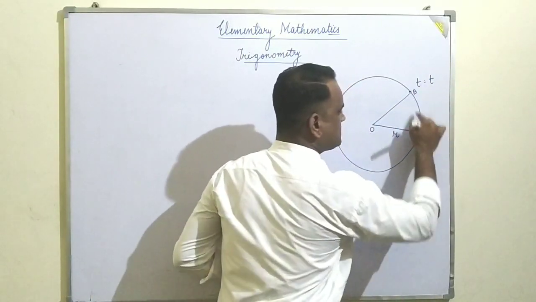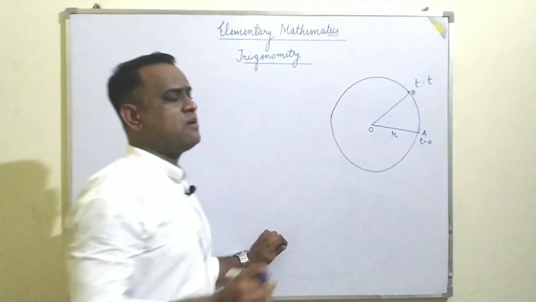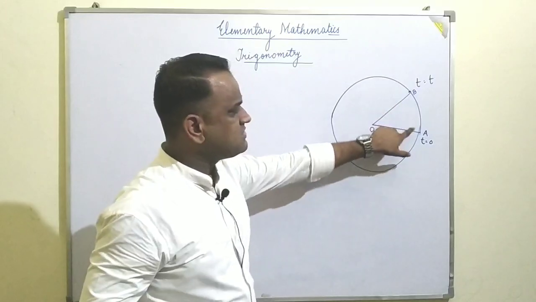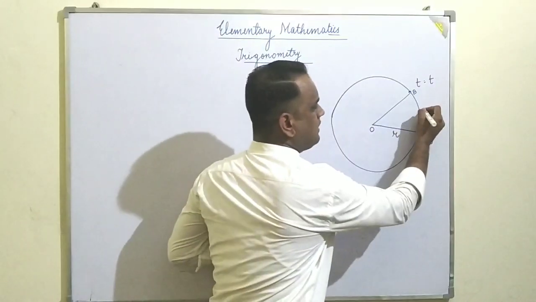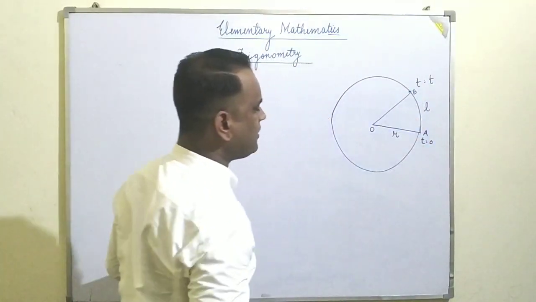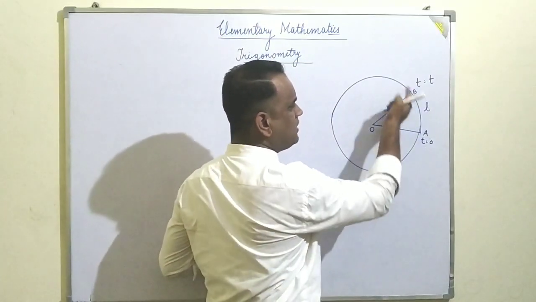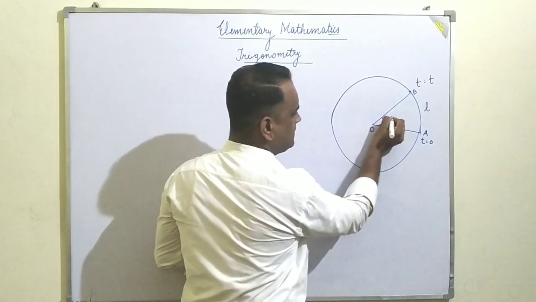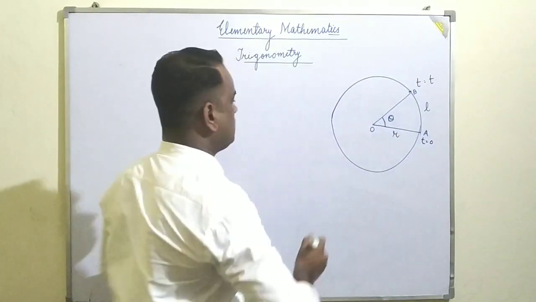So this distance AB, in mathematics you have learned, any curve geometry is said to be an arc. Here the arc AB has length L. So we can say that the particle is moving in an angular form, which is known as the angular displacement, theta.